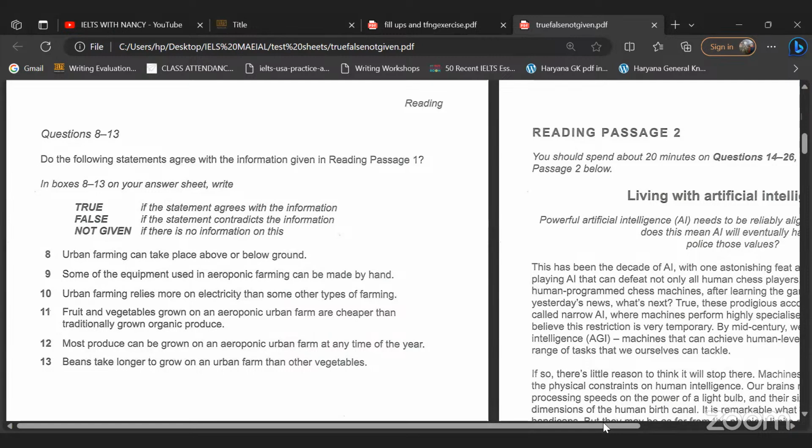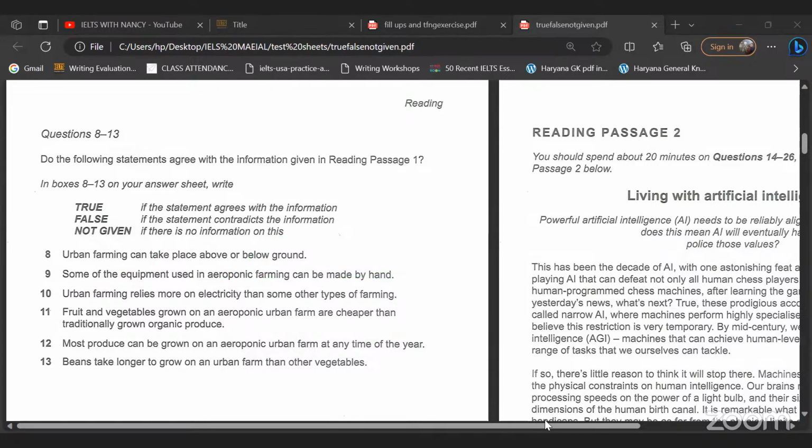Some of the equipment used in aeroponic farming can be made by hand. If you understand the statement, they are talking about some of the equipment in aeroponic farming that can be made by hand. It's not necessary that it can be made by hand. So equipment, aeroponic, by hand, right? Now I have to check the keywords aeroponic, equipment, hand.